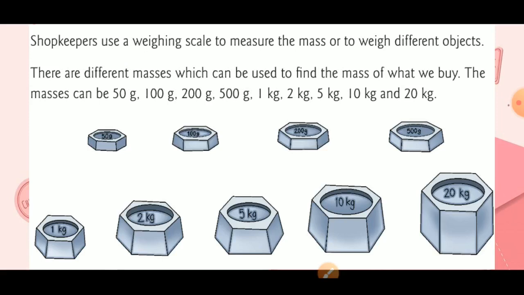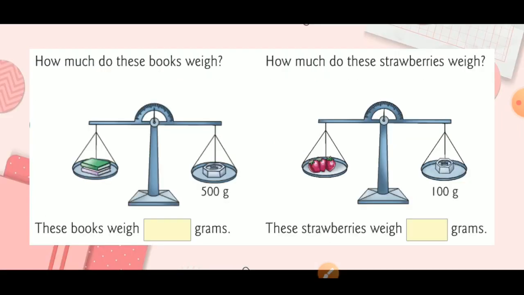A shopkeeper uses weighing scales to measure the mass of different objects. There are different masses which can be used to find the mass of what we buy, like 50 gram, 100 gram, 200 gram, 500 gram, 1 kilogram, 2 kilogram, 5 kilogram, 10 kilogram and 20 kilogram.